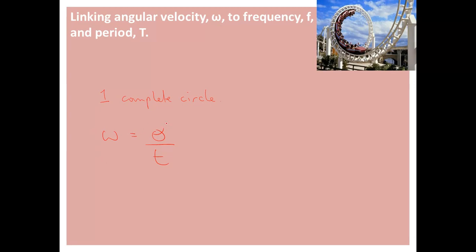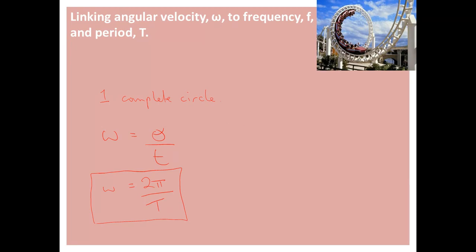Now, if we're travelling in one complete circle, that means that theta will be equal to 2 pi. And from our definition of how long it takes to complete one full circle, t, or lowercase t, becomes capital T, the period. So that is our first equation that links various features of this topic, that the angular velocity equals 2 pi divided by the period, the time taken to complete one full rotation.